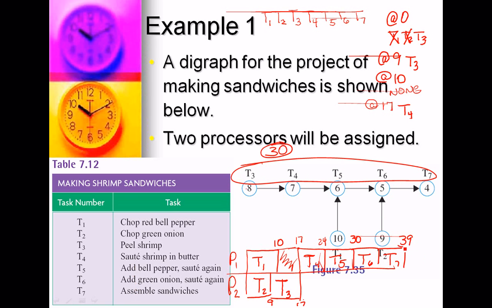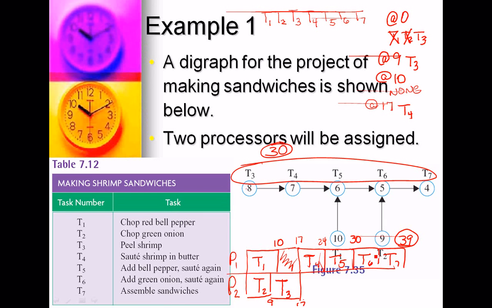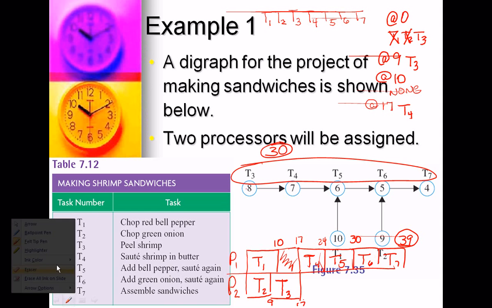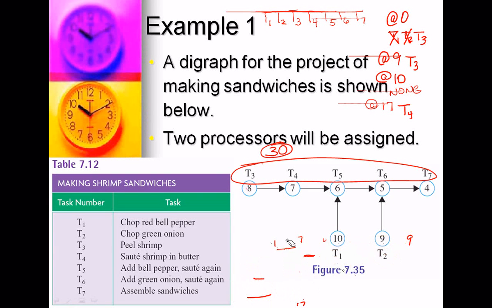So we don't know if this is optimal or not, because we had 39 instead of 30. So we want to find the finishing time when one processor is assigned the tasks in the critical path and then the other processor picks up the slack. So let's erase this, so we have room to put our new processor.